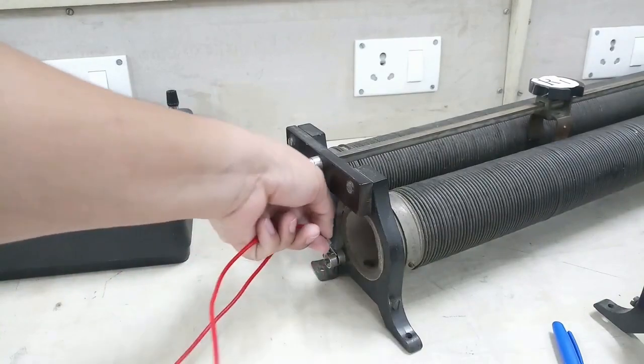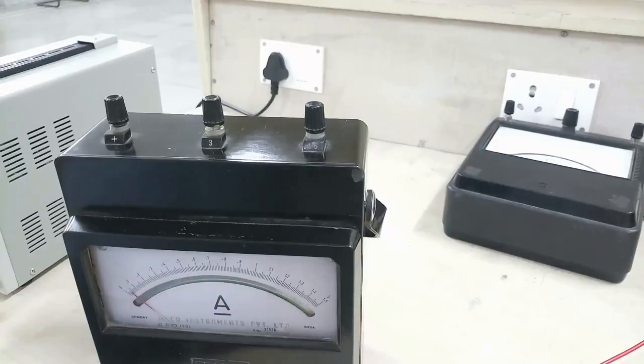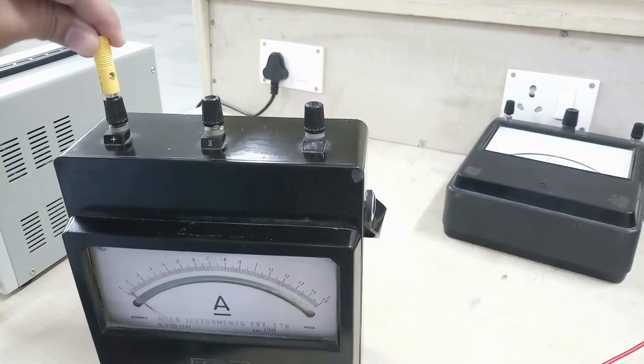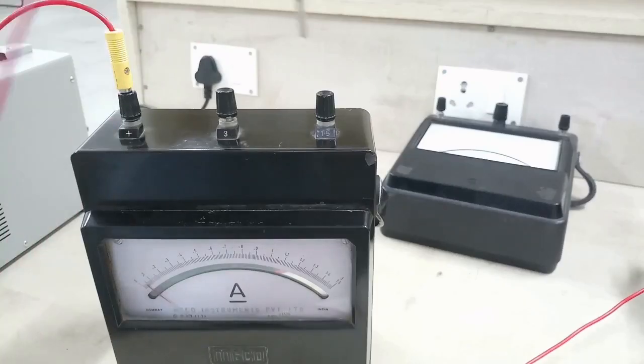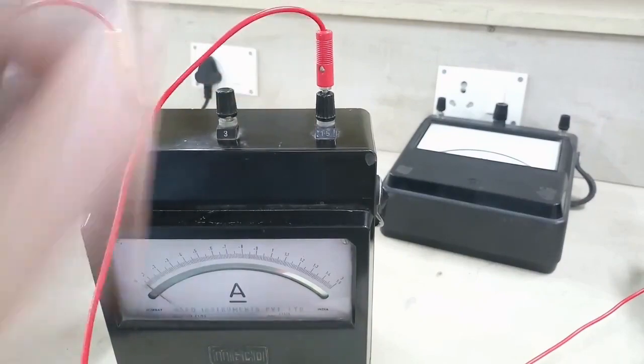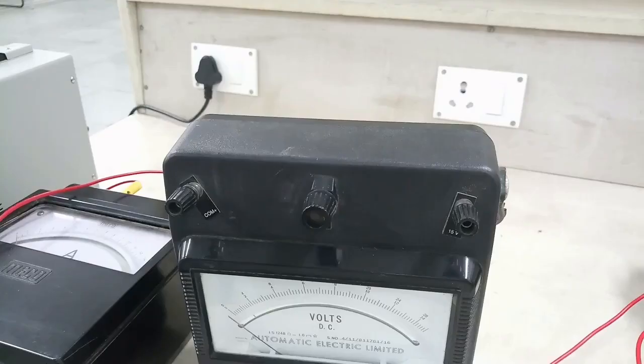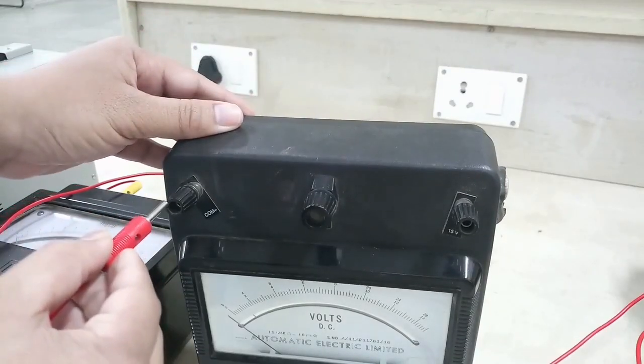Next we will connect from the 1.5 ampere terminal to the voltmeter common point.